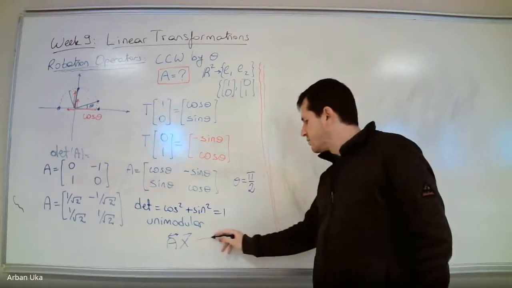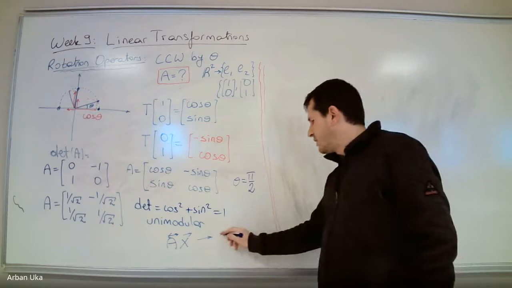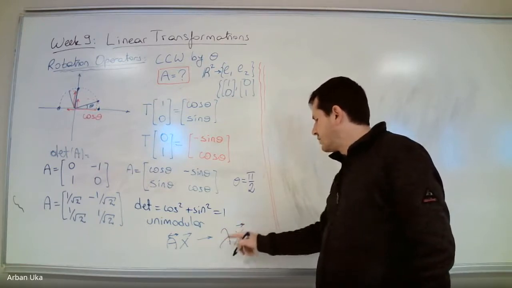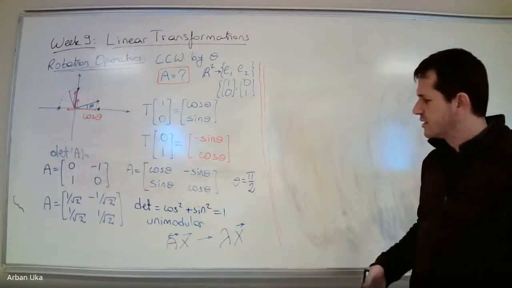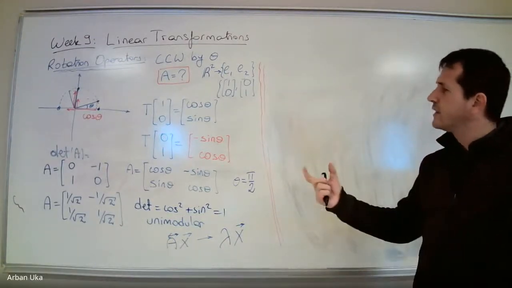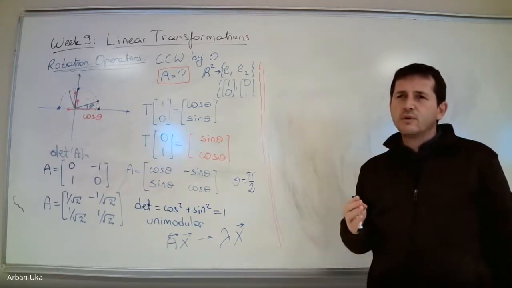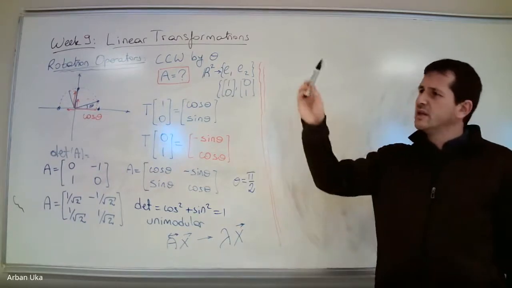But there is also an equivalence sometimes where this would be equal to a constant number times a vector, okay? So sometimes we don't change the direction of the vector at all.